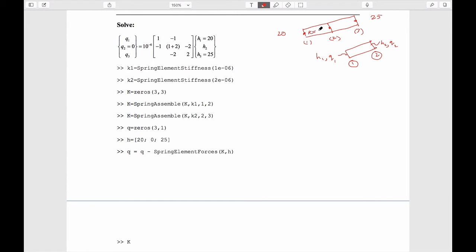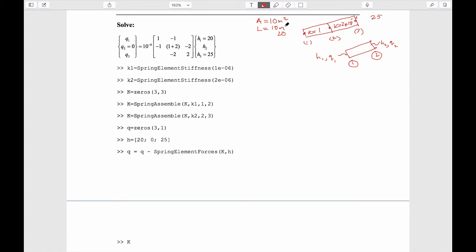K equals 1, K equals 2 times 10 to the minus 6 meters per second. Area, I think, was 10. I think the length for each one was equal to 10 meters.